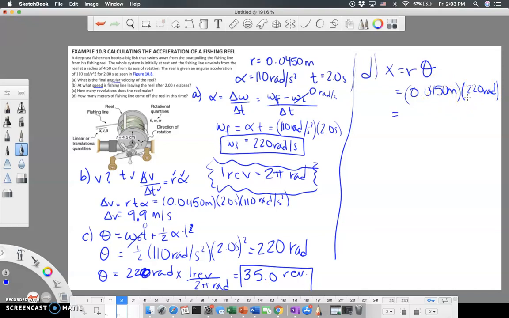So 220 times 0.045 gives me 9.9 meters. So here is how far my fishing line will go, almost 10 meters. All right, so let's go ahead on to the next problem.